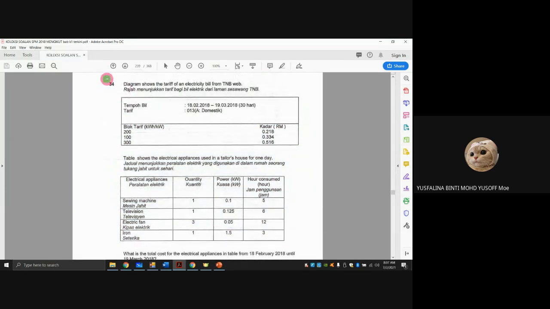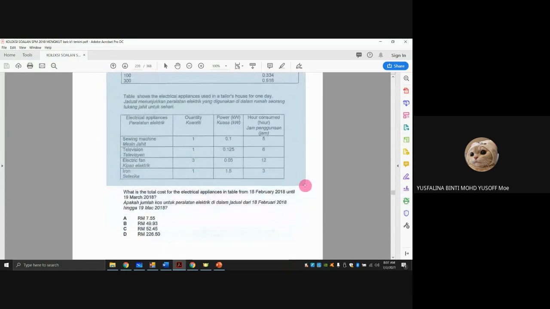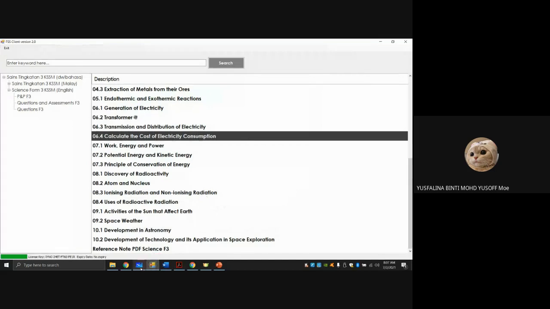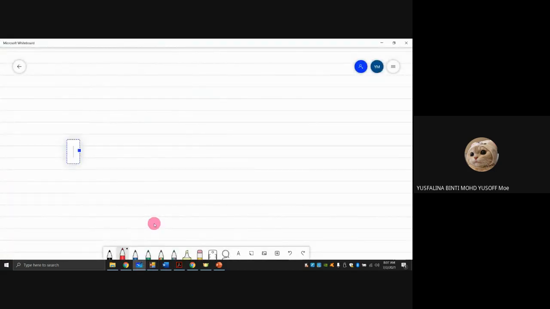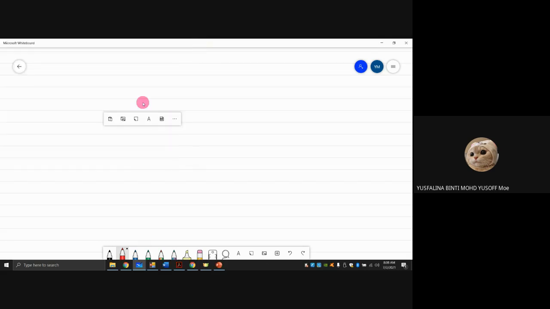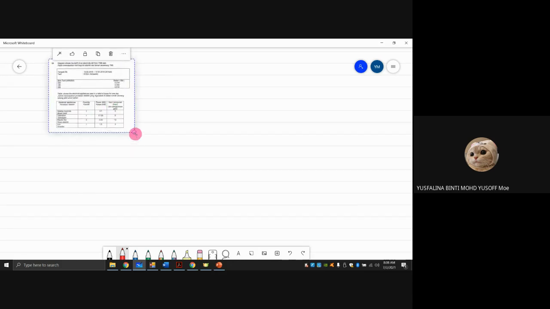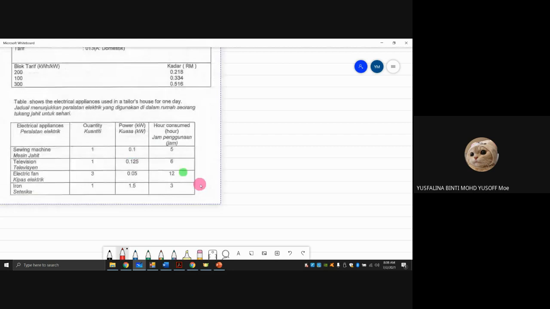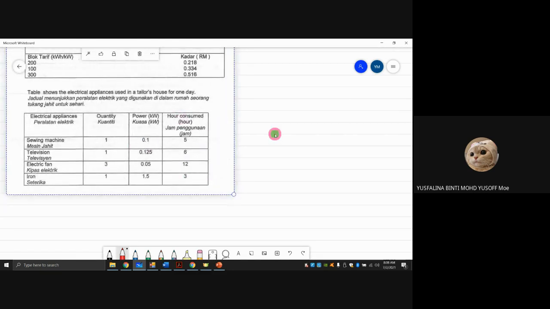Okay, let's make sure. Okay, so let's try to calculate first, right? How much energy does the tailor use?